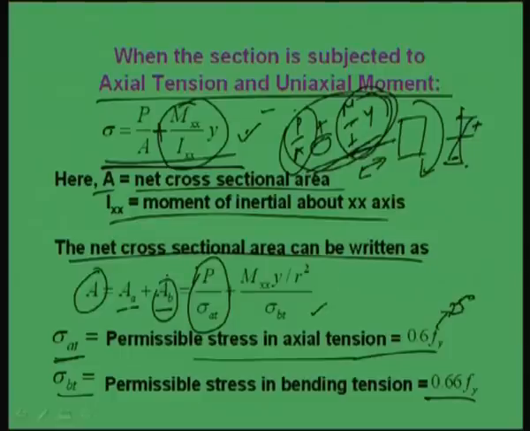So A is equal to AA plus AB, that is P by sigma AT plus Mxx y by r square sigma BT. This is what we have written. Now if we divide by A, what will happen? A by A equals 1, so we get 1 equals P by A sigma AT plus Mxx into y by A r square sigma BT.